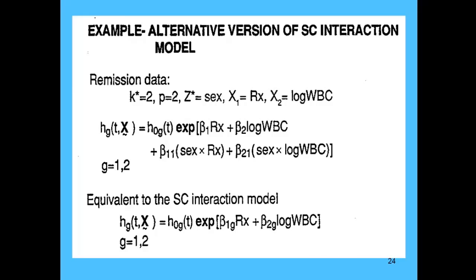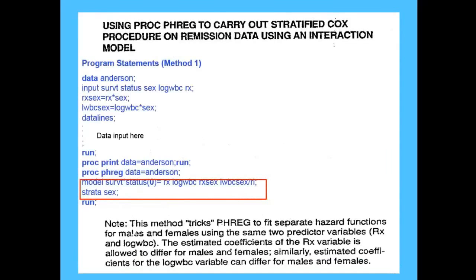Now, here's this model. Let me see what the next slide is. Here's what I've done on this slide. You see what I've put in the red rectangle. It says a model statement, survival status.